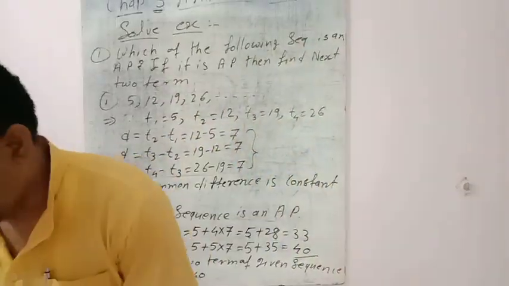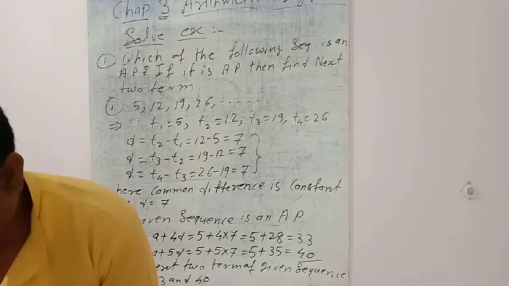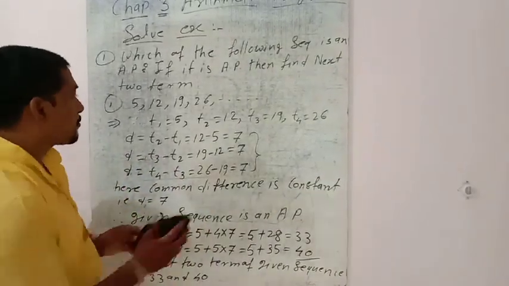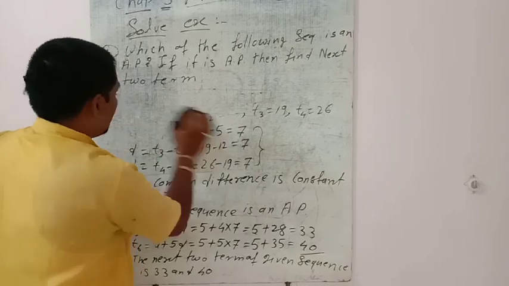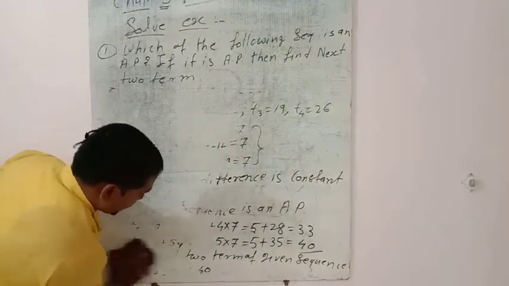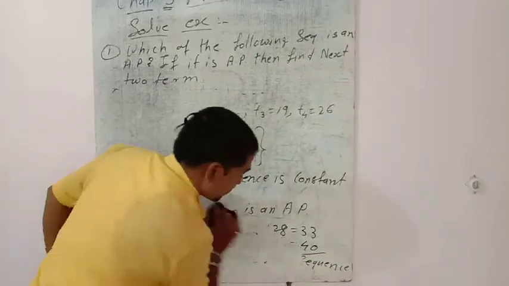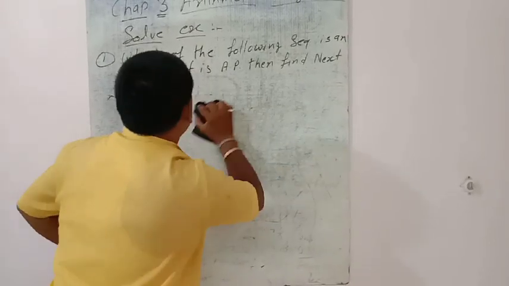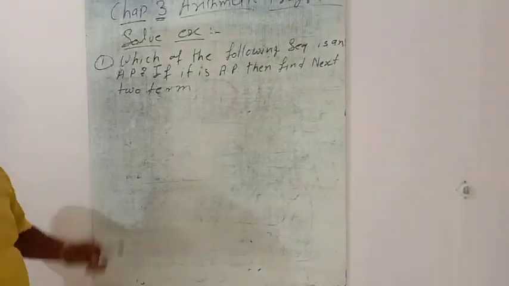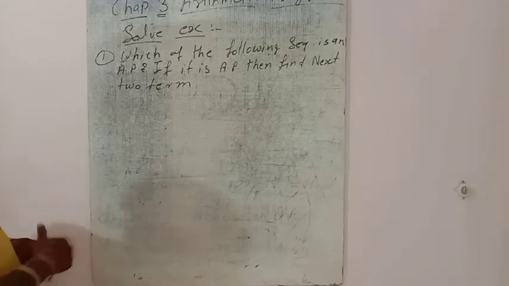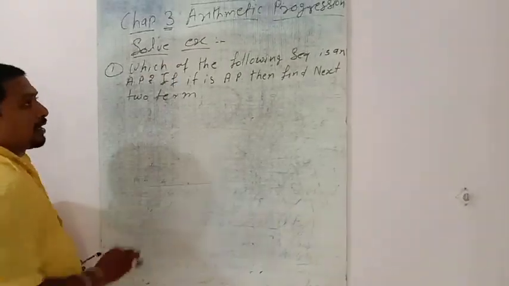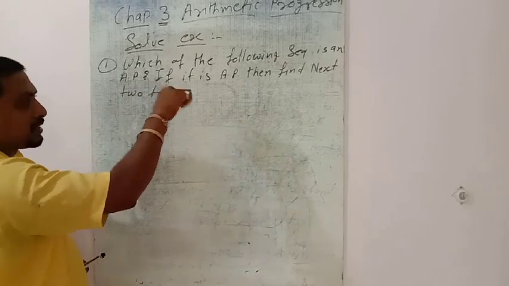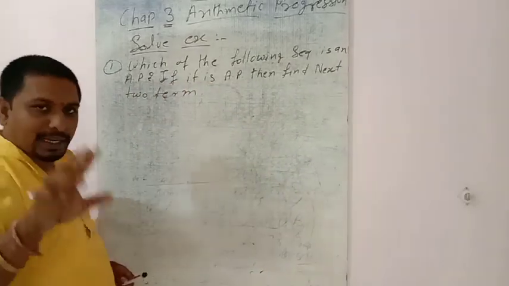Okay. So we take another example. The question is the same: which of the following sequences is an AP? If it is an AP, then find the next two terms.